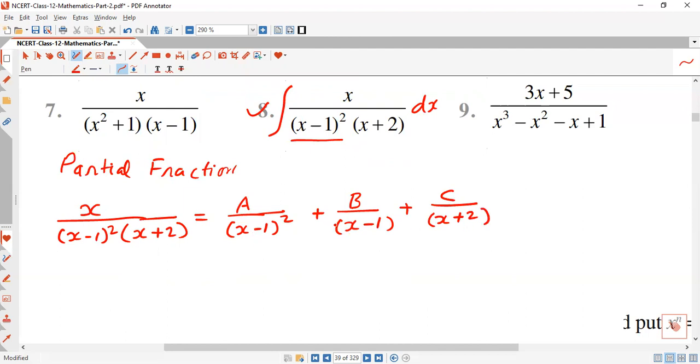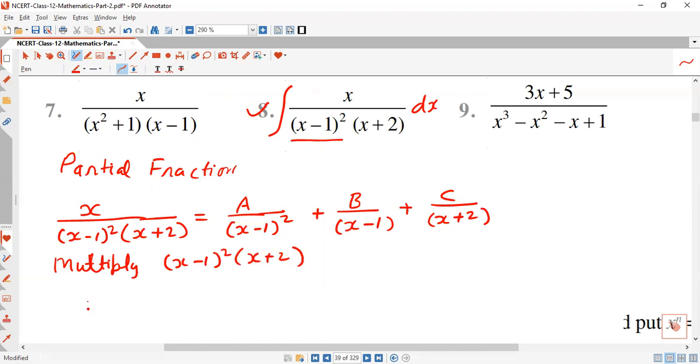So now we have A, B, C. These three constants are there. Now we have to find them. Multiply by (x minus 1) whole square (x plus 2) on both sides.